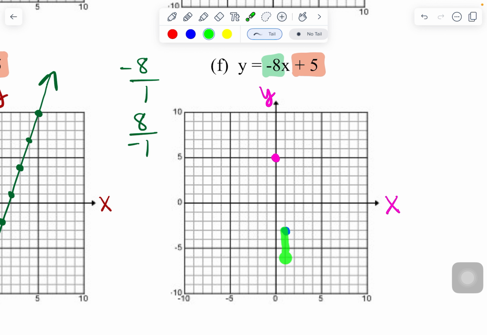So 1, 2, 3, 4, 5, 6, 7. Yeah, I'm going to be just off that graph. And I definitely can't count up and to the left. So this one, I've only got the 2 points to work with. So let's see how accurate I can be here. Oh, that's horrible. I'll let Notability snap it straight. All right, that works.